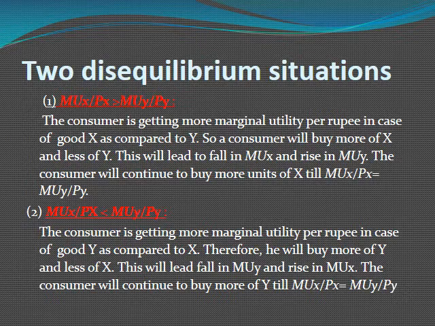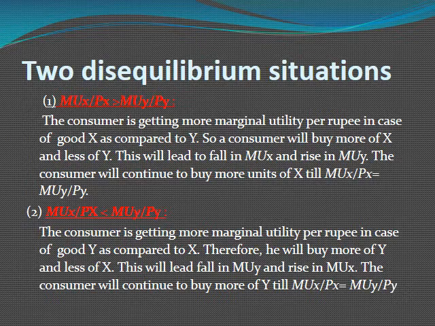Now the other condition, when the ratio of marginal utility of X and price of X is less than the ratio of marginal utility of Y and price of commodity Y. So here this condition states that a consumer is getting more utility when he spends one more unit of money on commodity Y. So he will go on consuming commodity Y, and that will lead to the decrease in marginal utility of commodity Y, and he will go on consuming till the ratio becomes equal.